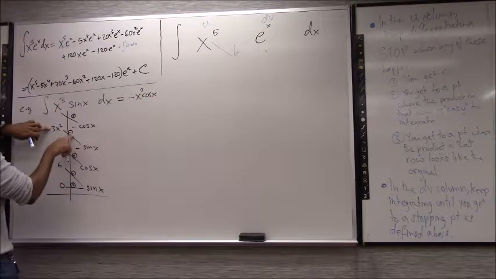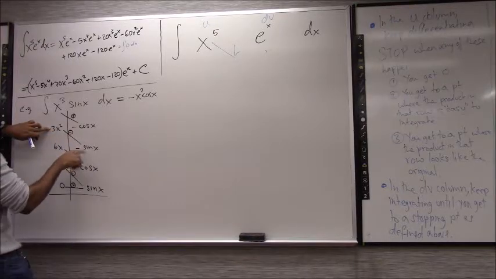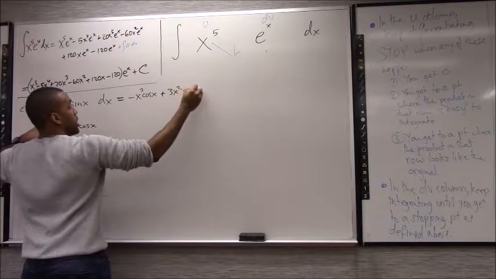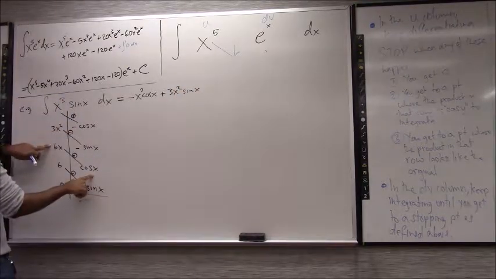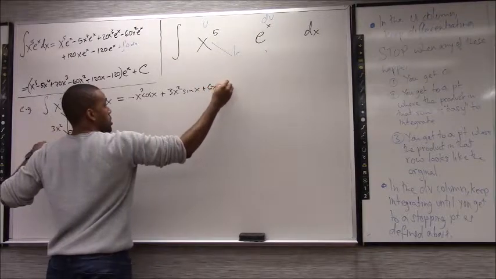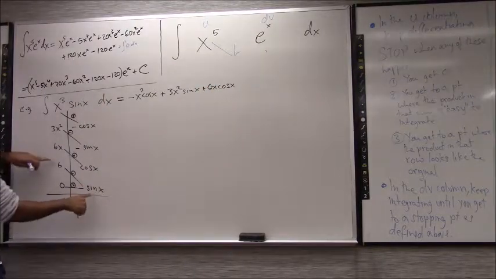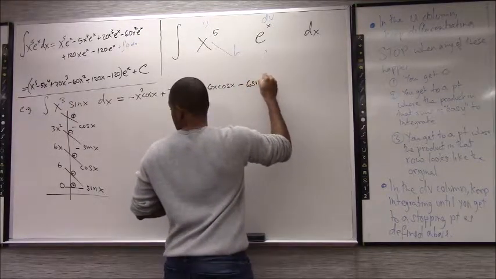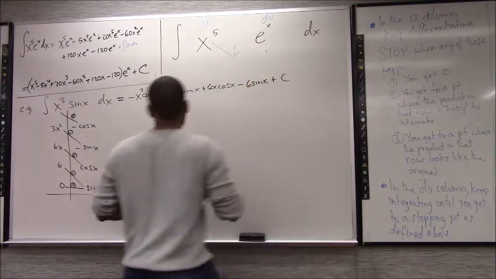Here, it's a negative times a negative, so this just becomes a positive. Plus 3x squared sine x. Here, this is positive 6x cosine x. This is negative 6 sine x. Plus c.